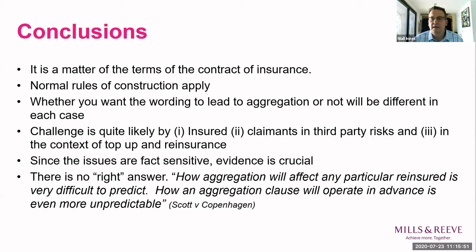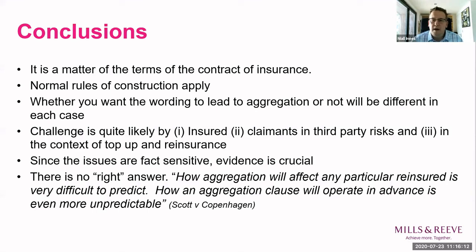And as such, they can lead to challenges from many different parties. So there are challenges from an insured to their insurer, from claimants in a third-party claim, and there's loads of scope for arguments as between primary and top-up layers, and between insurers and their reinsurers.